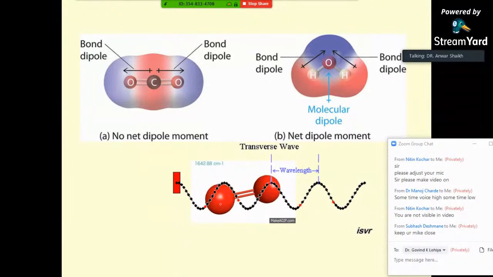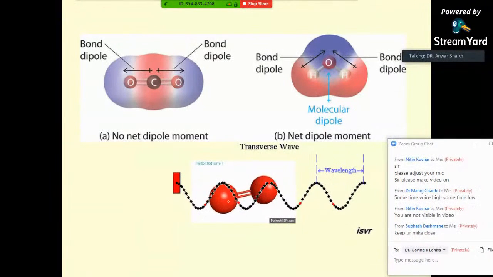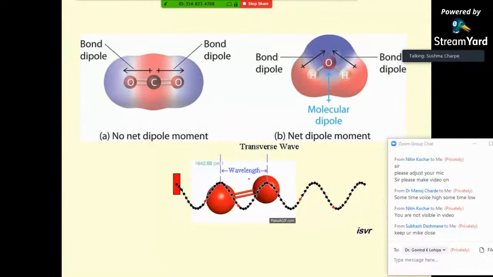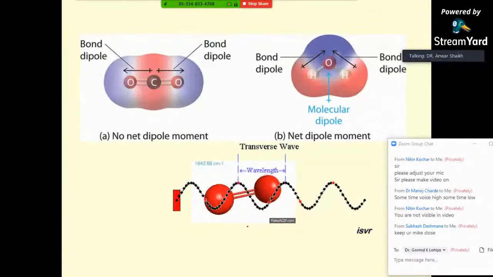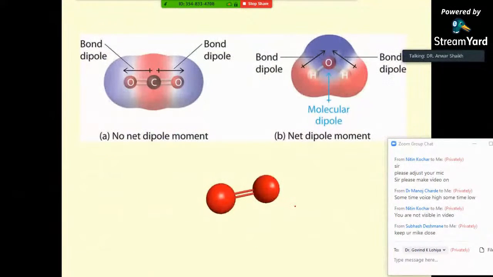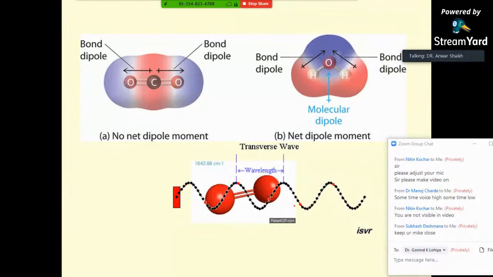The next question comes: here I have shown only one wave, but we are passing IR radiation through this molecule. That means we are passing all the waves between 670 to 4000 through this molecule. So will all the waves cause these vibrations?